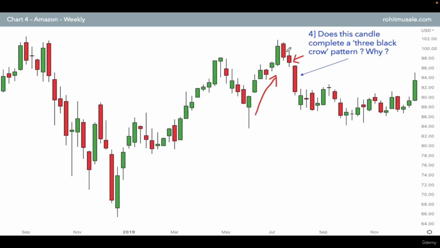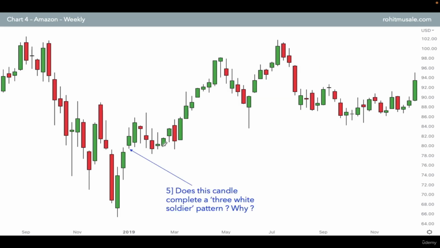Okay? So if you look at the bodies, the height of the real bodies, they should either be equal or increasing. Moreover, another criteria is the opening of the second candle should be within the real body of the first candle, and the opening of the third candle should be within the body of the second candle. Even that is not happening here. So it's not a 3 black crow.